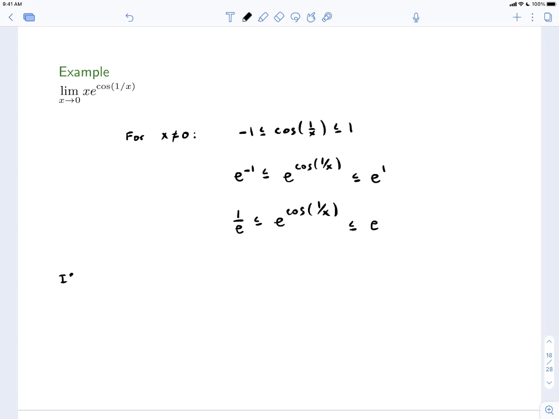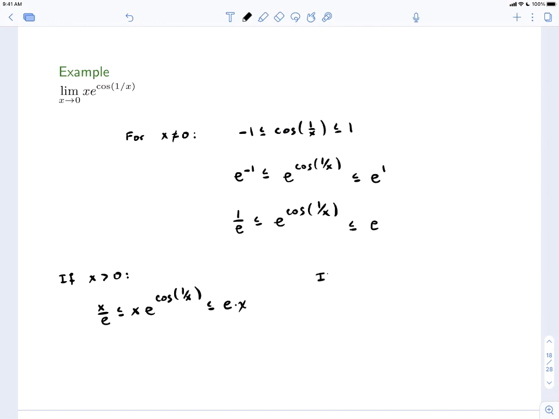So if x is positive, then we don't have to change the direction of the inequalities. We just multiply everything by x. We'll have x over e is less than or equal to x times e raised to the cosine of 1 over x is less than or equal to e times x. This is not e raised to the x, that's e times x.